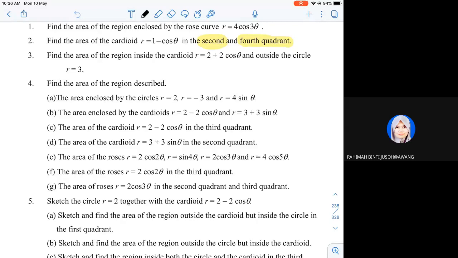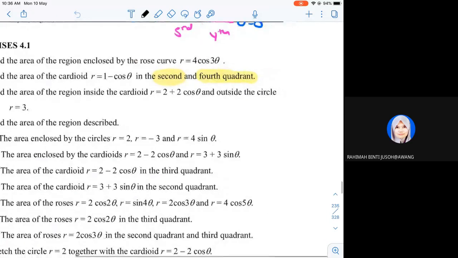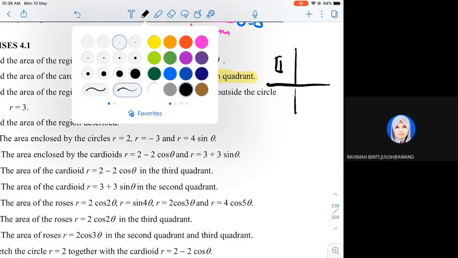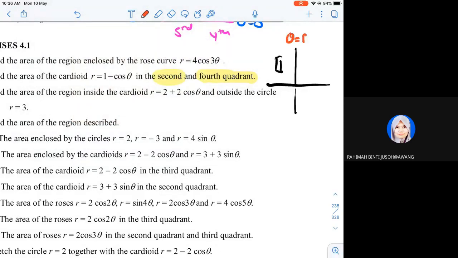We just kalau dia kata second quadrant, second means we have this quadrant. So your angle would be from theta equals to pi over 2 until theta equals to pi lah. Macam tu. Kalau fourth quadrant, kat sini fourth quadrant.